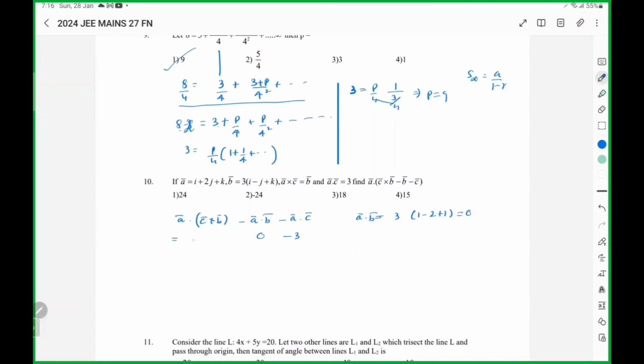I can write it as a cross c dot b minus 3. So a cross c, he given it as b bar, mod b bar square minus 3. Mod b bar square is 3 times 1 plus 1 plus 1. So 9 into 3, 27 minus 3, 24.